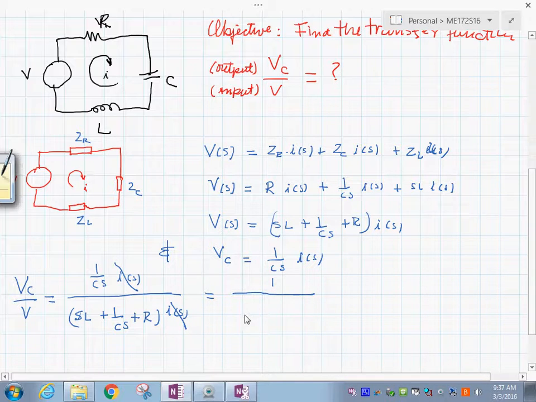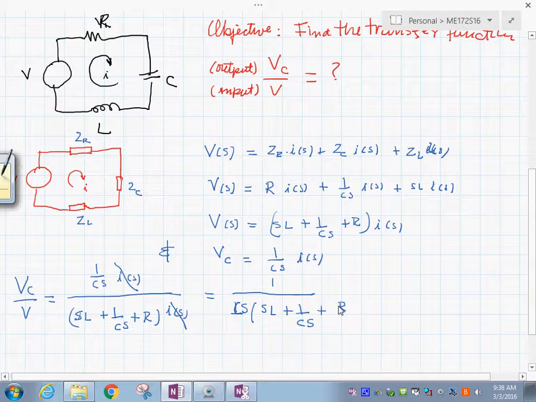So what will happen here? Let's keep going. This is interesting because it's giving us already the transfer function form. So you have C times L times S squared plus C times R times S plus 1.